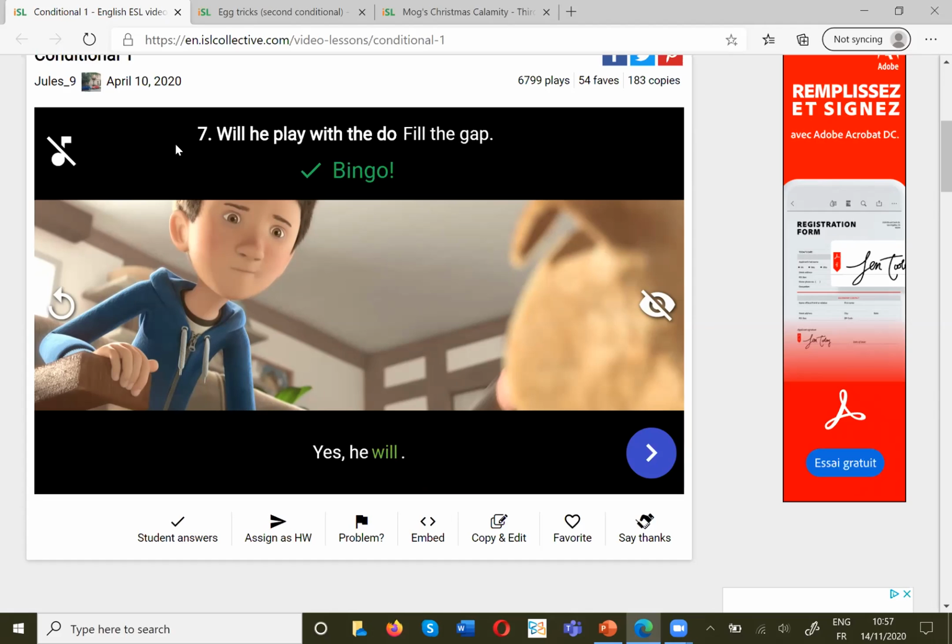You start the question with the auxiliary verb will. Will you eat lunch later? Yes, I will. Will you go to job on Monday? No, I won't, or yes, I will. So you start with this and you don't need to say the full sentence. And the last one.